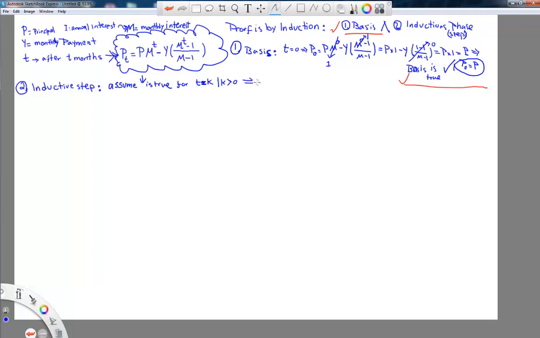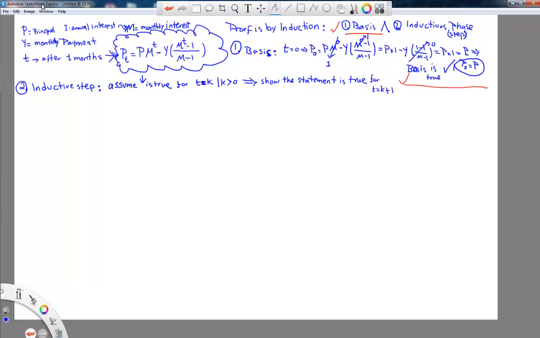Then I want to show, or prove, that the statement is true for t equal to k plus 1.